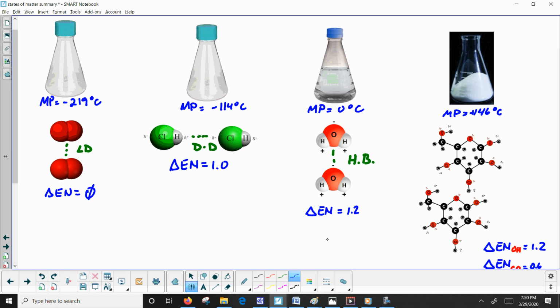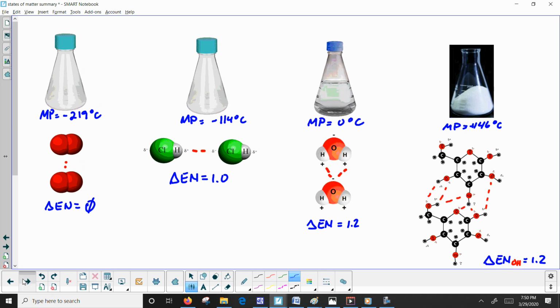So let's look at this one. The oxygen is going to be attracted to the hydrogen. This hydrogen is attracted to this oxygen over here. Here we have this oxygen interacting here, another one over here. Hydrogen interacts over here. So you can see there's a lot of interaction between these two adjacent glucose molecules, giving us a very, very, very high melting point.